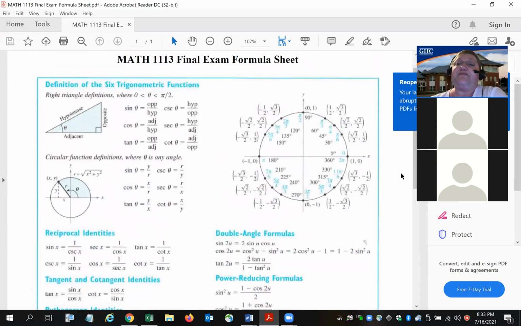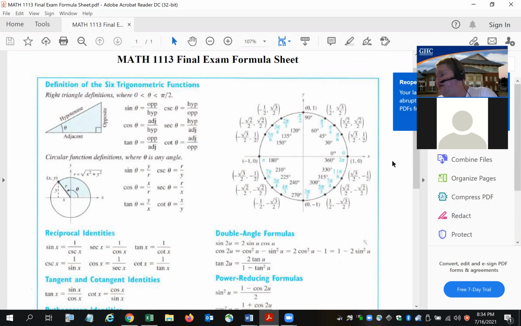for the final, but you cannot read the tangent directly from the unit circle. That's the one function you can't read. So I'm going to help you out in just a minute. I'm going to give you a list, but let me write it down for myself first so I don't get mixed up.